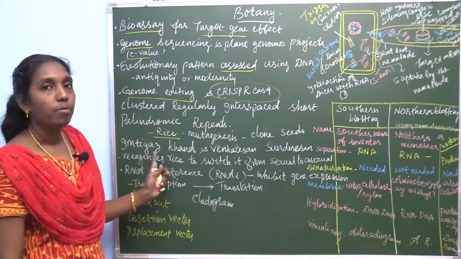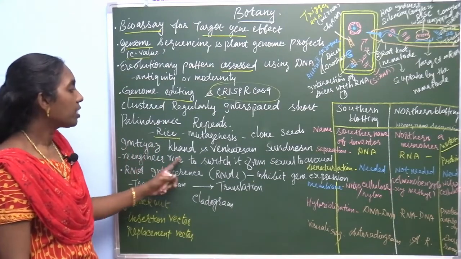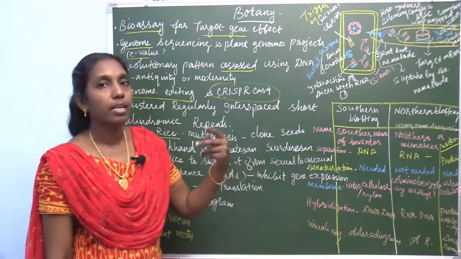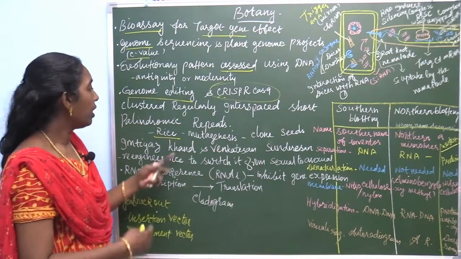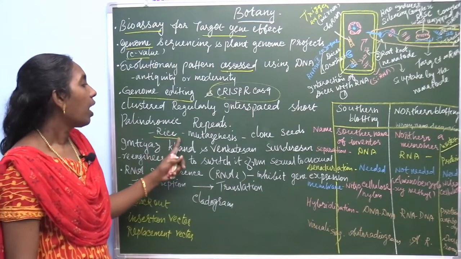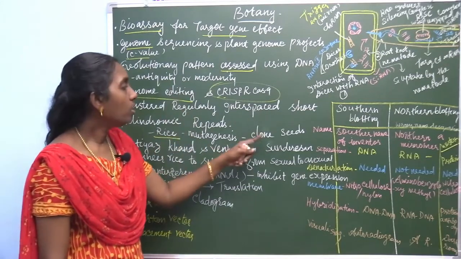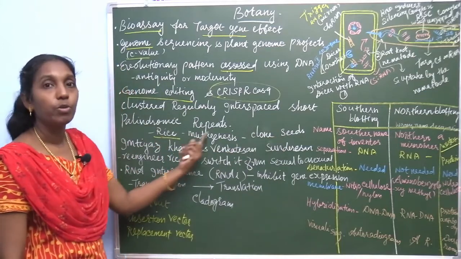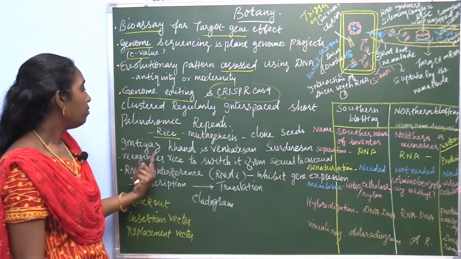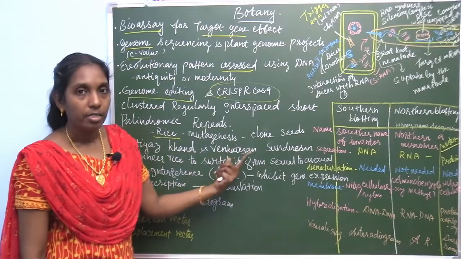These names are important; either one name or two marks. Imtiaz Khan, Venkatesan Sundaresan and their colleagues worked together on the rice plant Oryza sativa and cloned the seeds of this rice.